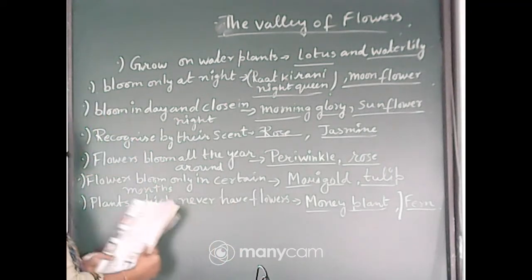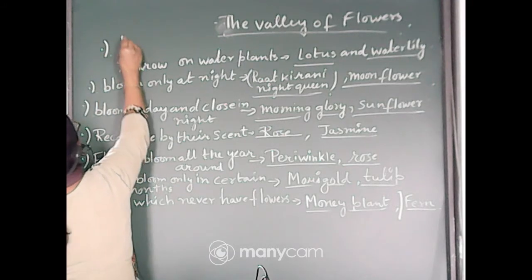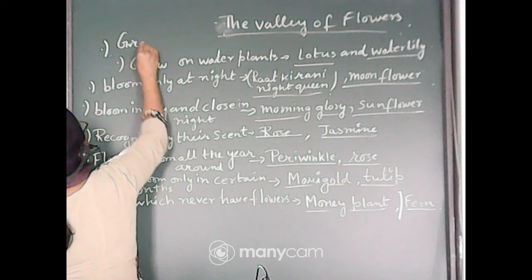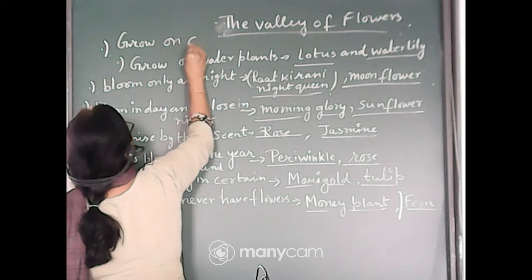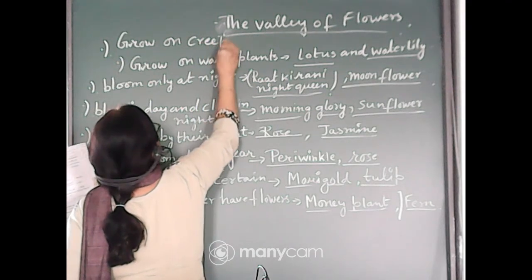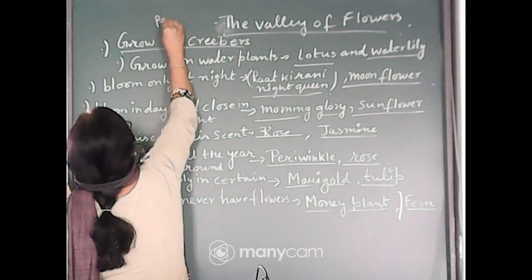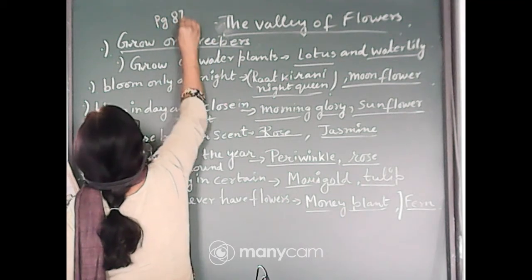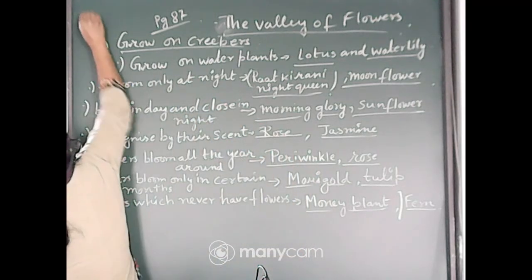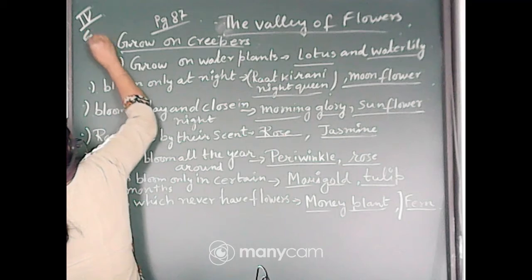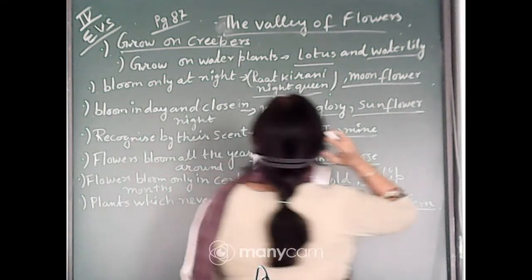The first question is given here: grow on creepers. So write down which flowers grow on creepers. Page 87. This is class 4, page 87, value of flowers.